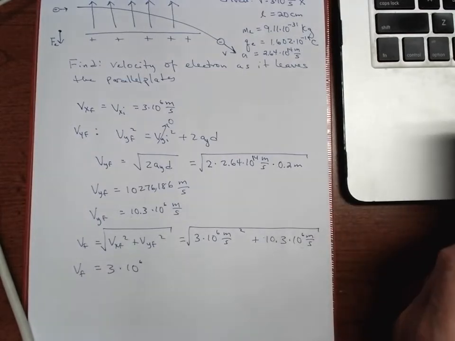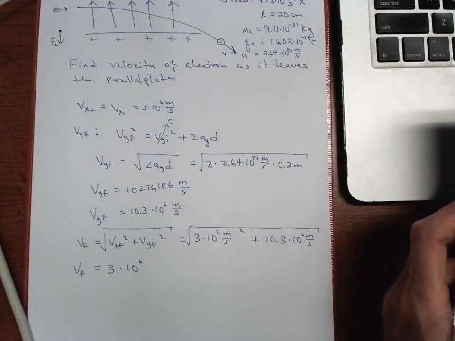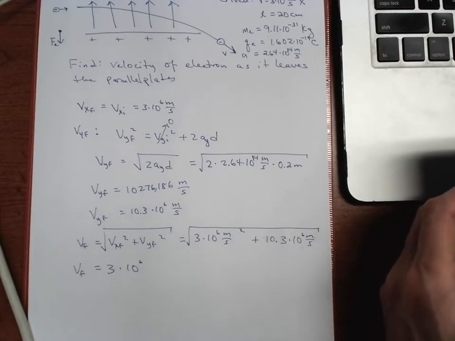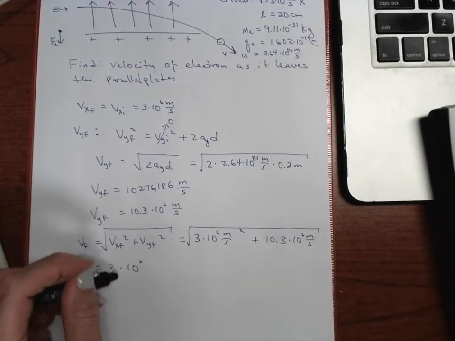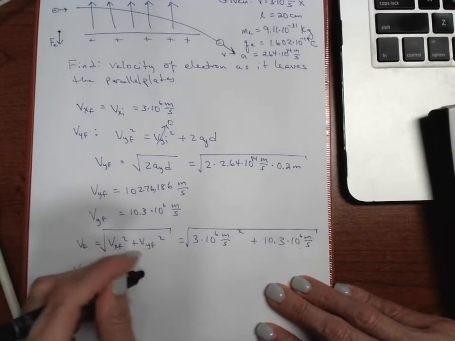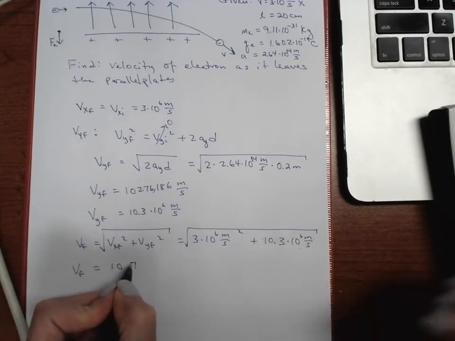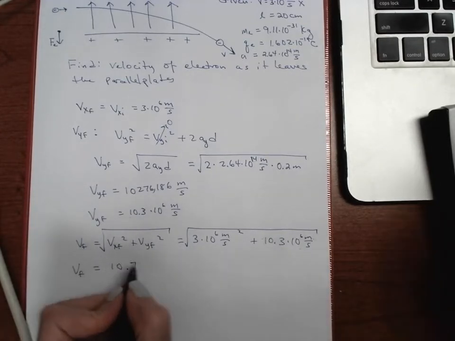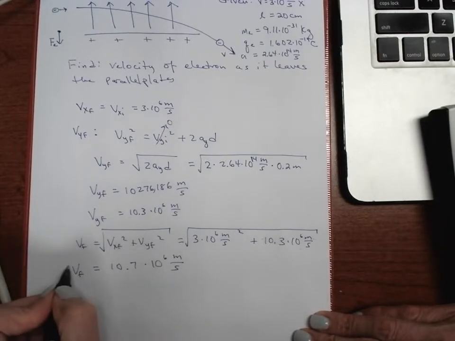I forgot to square something. So squared, and then I take the square root of that. My final answer is 10.7 times 10 to the 6th meters per second.